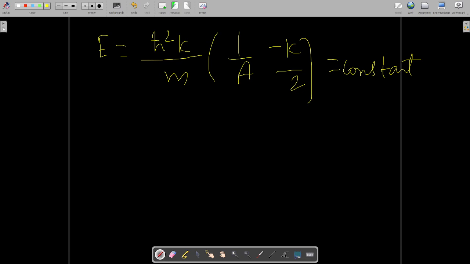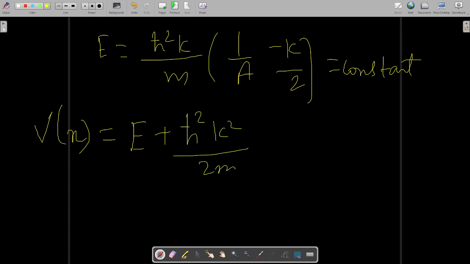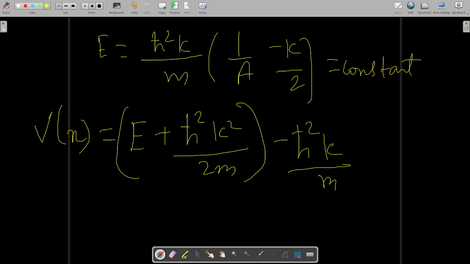Now, I had already told you that whenever you get the expression for v of x, which has come out to be equal to this much, whenever you get such values, you must explain the result.